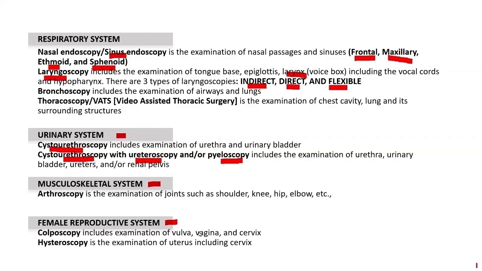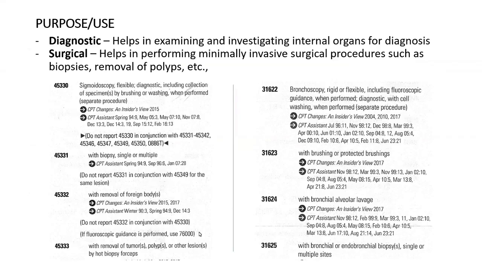Now let us move on to understand what is the use of an endoscope. There are two important uses of any endoscopy. One is diagnostic and another is surgical. Diagnostic endoscopy helps in examining and identifying the problems, helps in making the diagnosis.